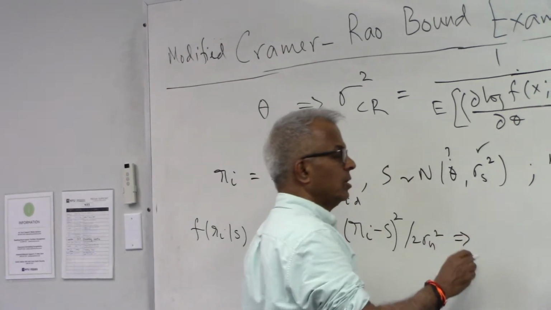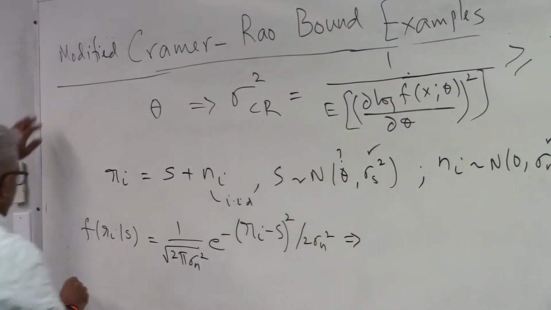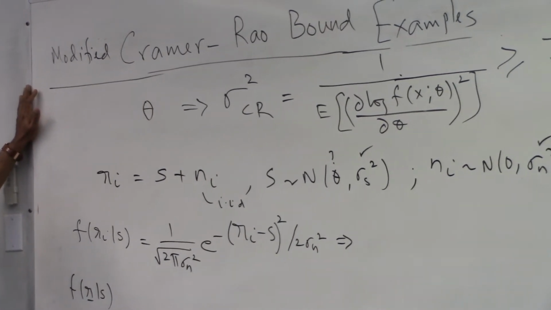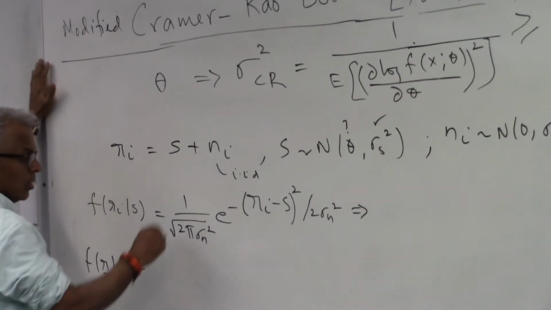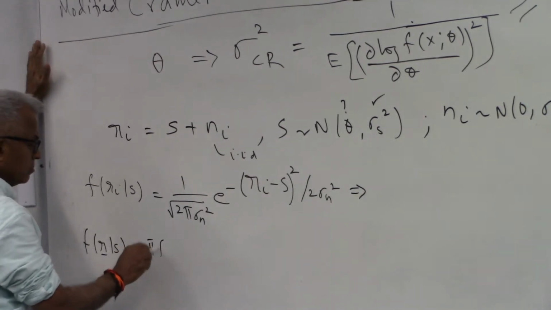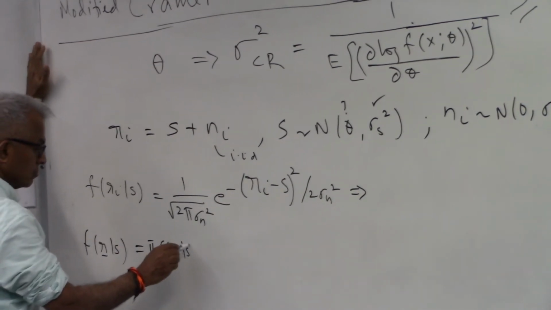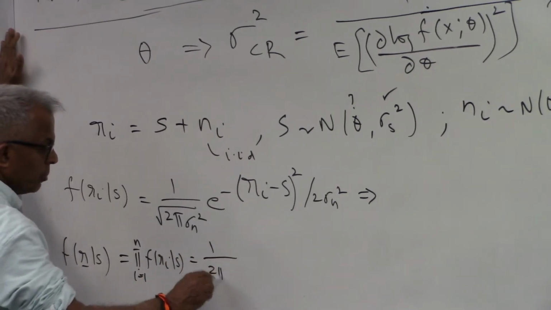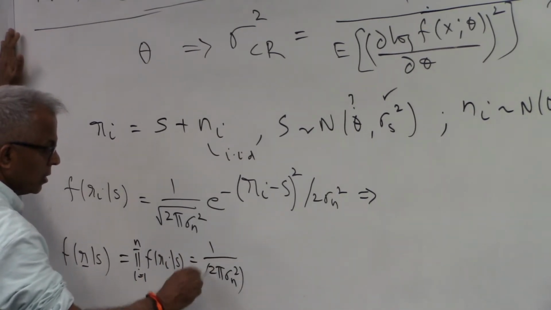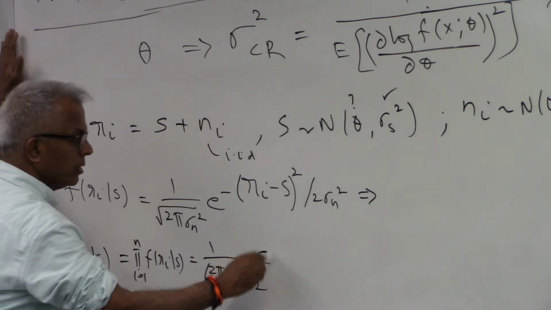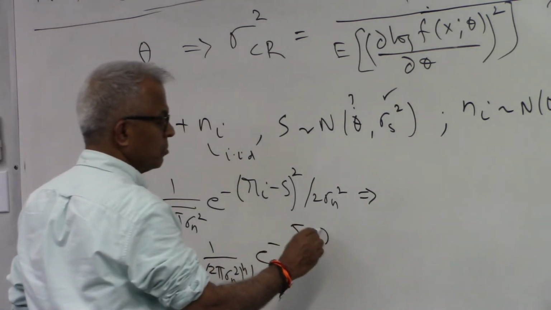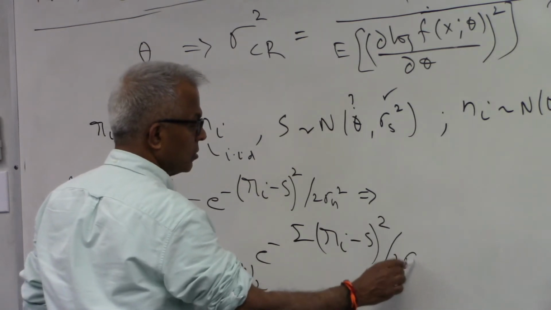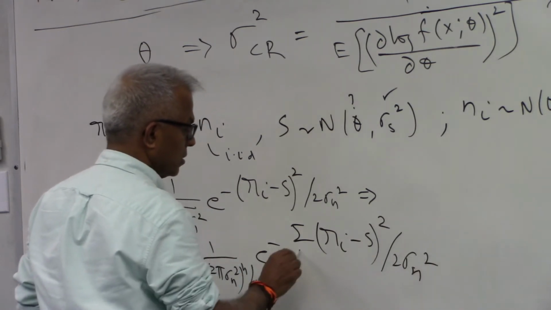So this gives the joint density function to be the product of this, right? That's going to be 1 over (2 pi sigma n squared) to the power n by 2, e to the power minus sigma (Ri minus S) the whole squared over 2 sigma n squared.